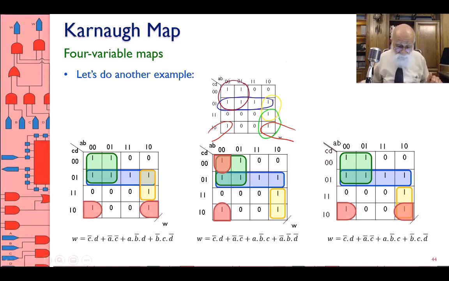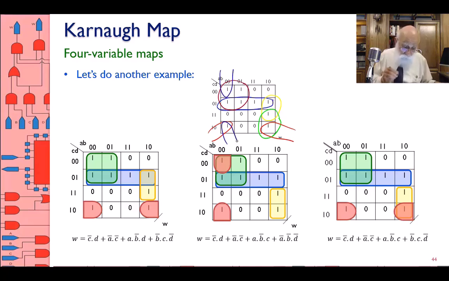For the essentials, let me show you one more prime implicant, which is extremely important, which I was about to forget, and that is this. This is a prime implicant. Why?